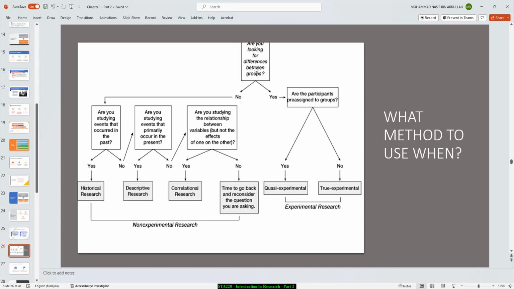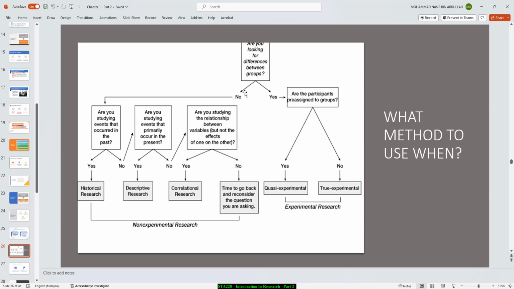If you are looking at the difference between groups, you need to ask whether the group is pre-assigned or not. If already pre-assigned, like I said, sekolah dah ada group pre-assigned, you are using quasi-experimental. If not pre-assigned, you can use a true experimental or experimental research design.